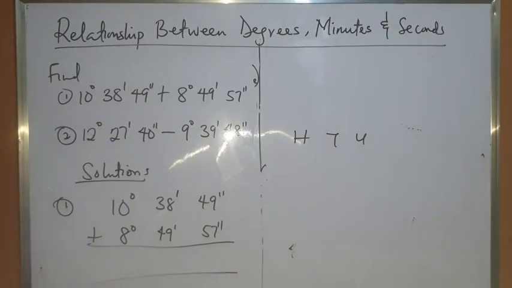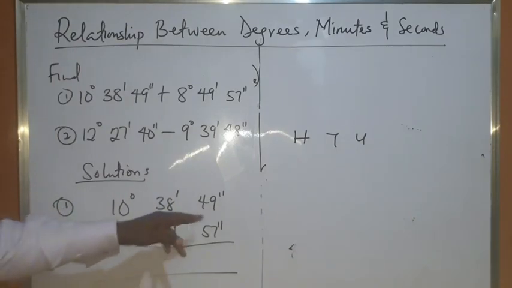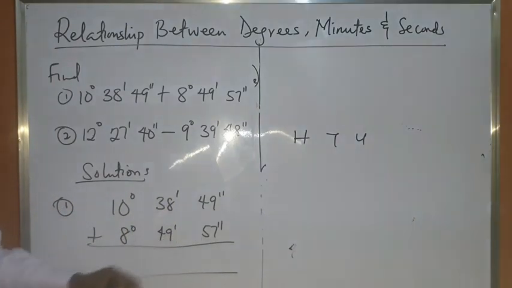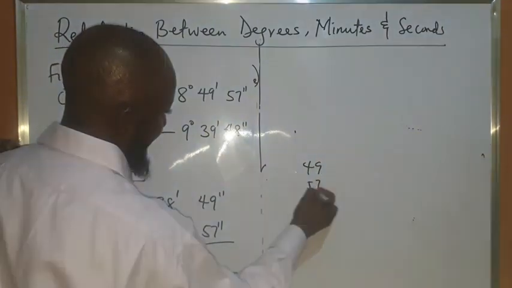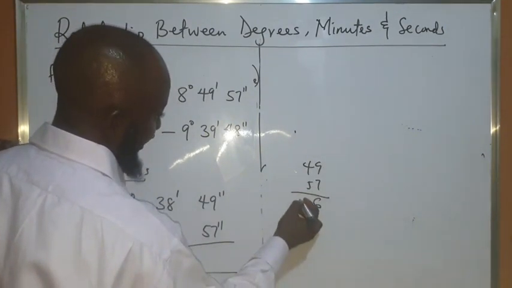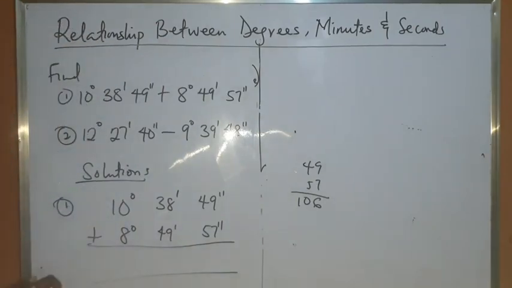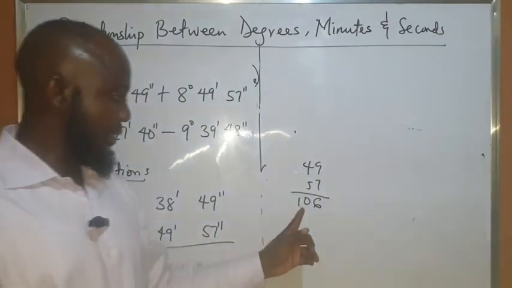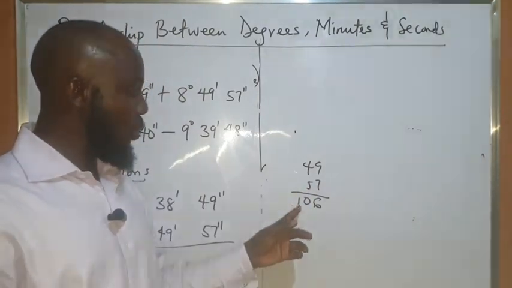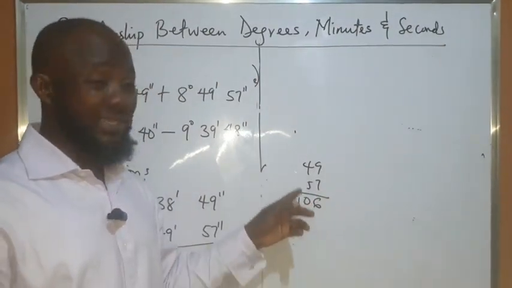So how do we add? We start from the seconds, then move upwards to degrees. So let's start with the first one. 49 plus 57. So let's add that first. This gives 106. And you see that this 106 is more than 60 seconds.